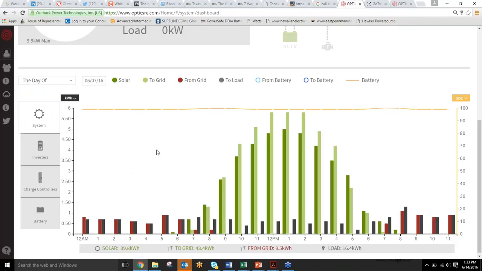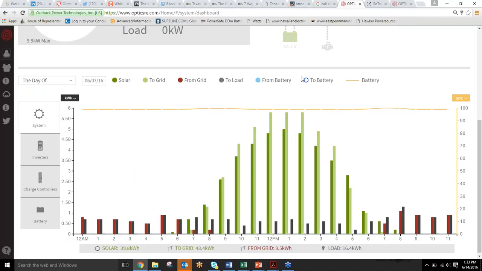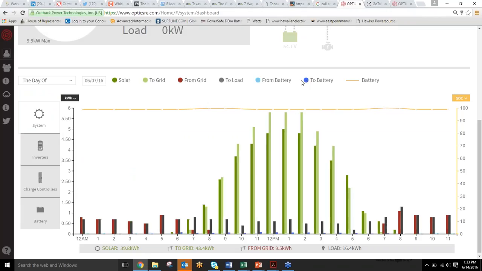All right, so last week we did have a sunny week, and this is what his system was doing on that day. Now this is the overall system look, and we've got all these different pieces that we can add in. Solar production, this is what he's got, is the dark green. What he sends to the grid is the light green.